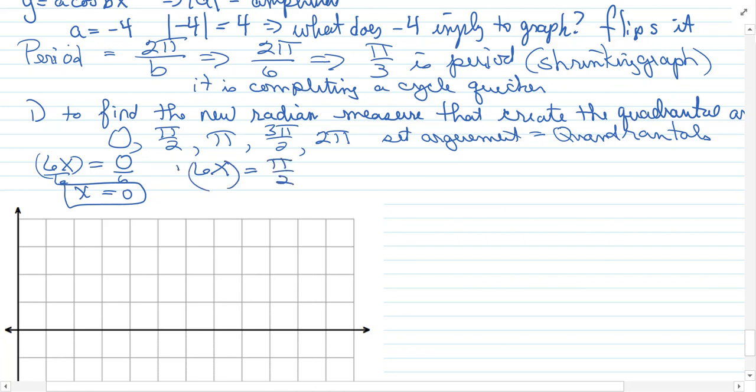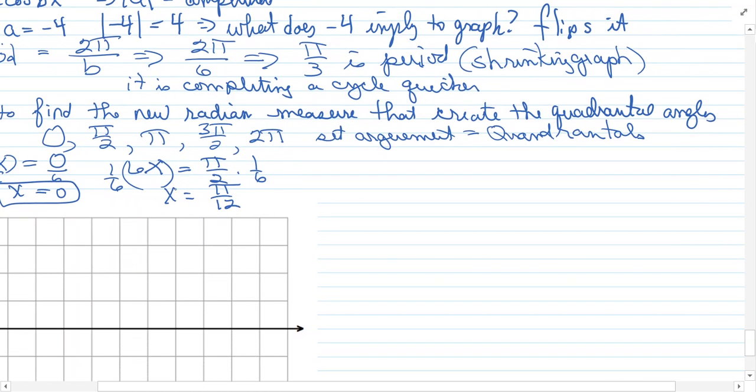So I'm going to multiply by 1/6. And that gives me x equals pi twelfths. Very small, right? So that's the next movement. So then I have 6x is equal to pi. I'm going to multiply by 1/6. So x is equal to pi over 6.